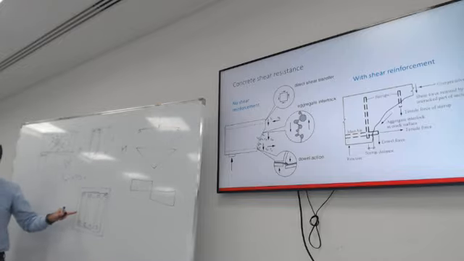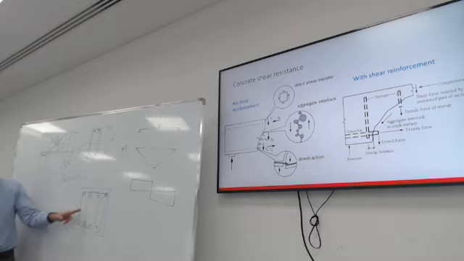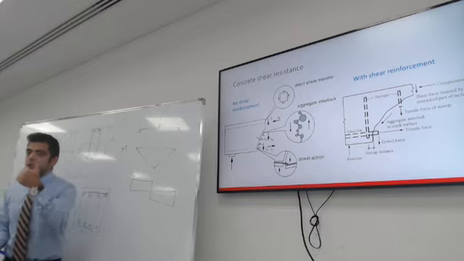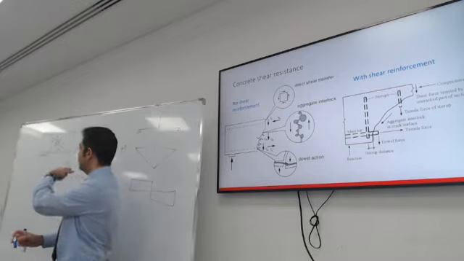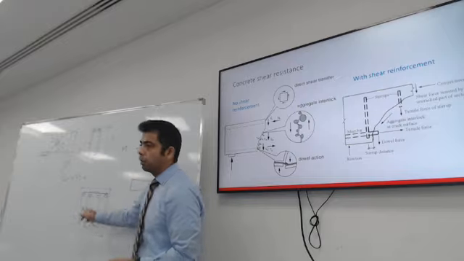So now this stirrup has four branches. Do you see how this black stirrup has 4 branches? 1, 2, 3, 4. So use smaller spacing, you increase the reinforcement. Use bigger diameter, or use more branches.